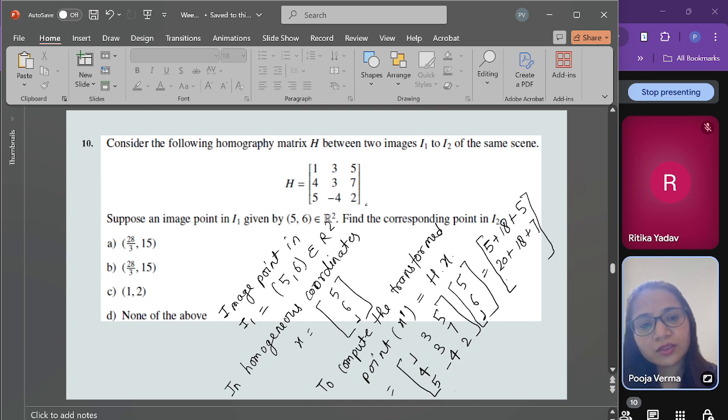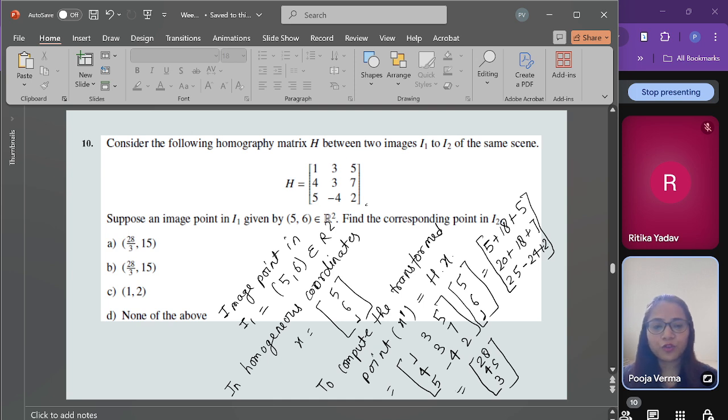Now next, 25 minus 24 plus 2, right? Now if you calculate it, you will get 28, 45 and 3, right? This is the transformed point in the projective space.